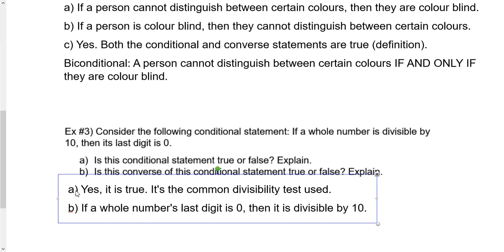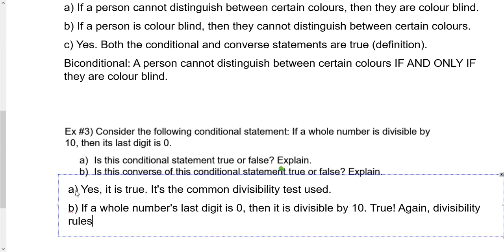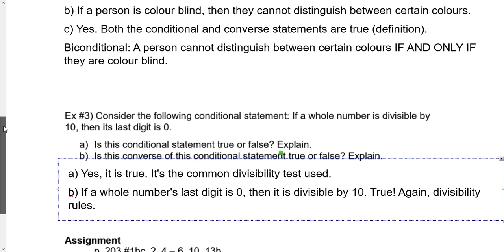Yeah, true. Again, it's our divisibility rules. All right. That should mean that you get to have some fun.